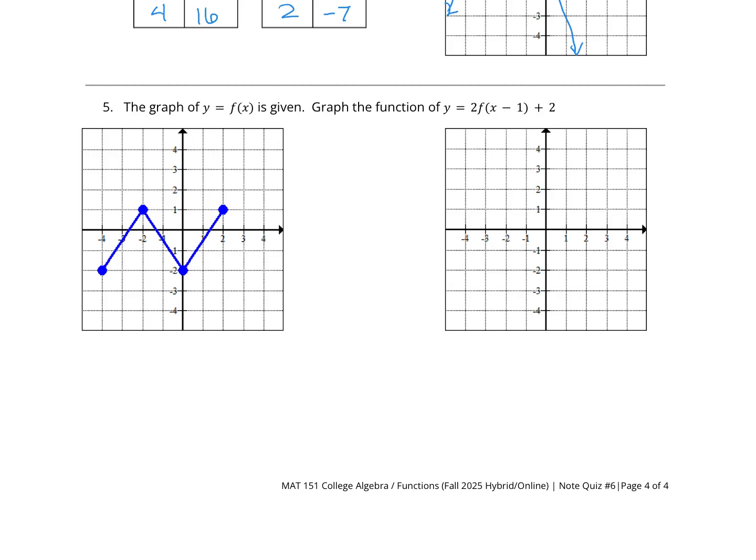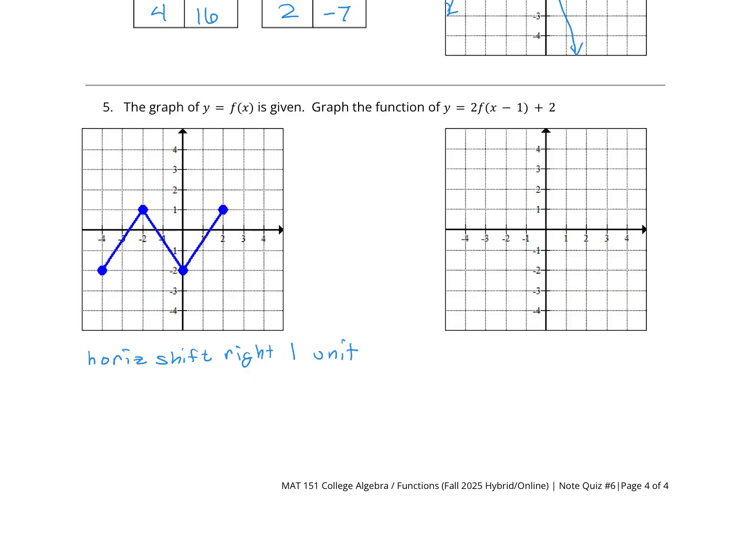So you notice that for starters, it's going to be a horizontal shift. It's going to be to the right 1 unit, and that comes from the x minus 1.